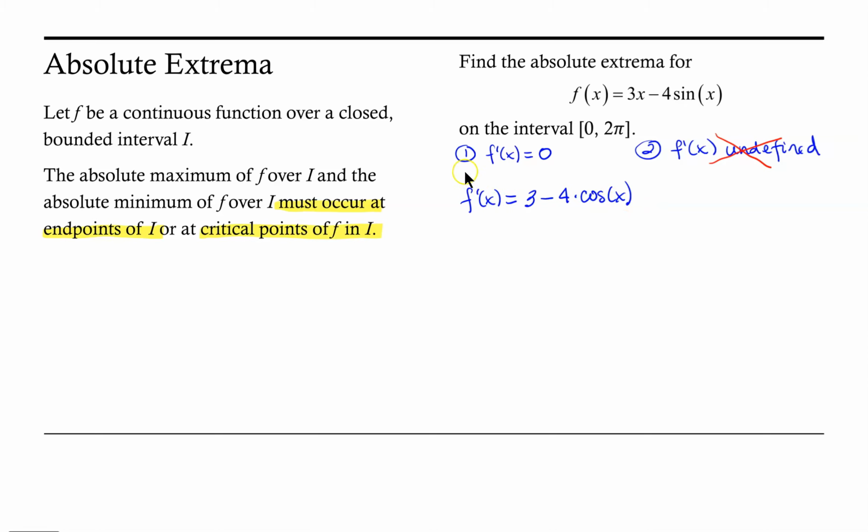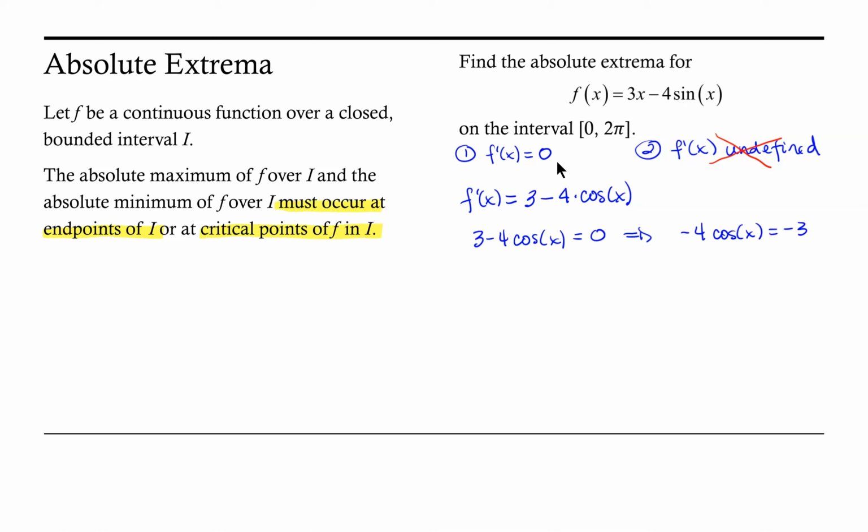So let's focus on the first criterion, that is f prime of x is equal to 0. We want to solve 3 minus 4 times cosine of x equals 0. If I subtract 3 from both sides, I get negative 4 cosine of x equals negative 3.